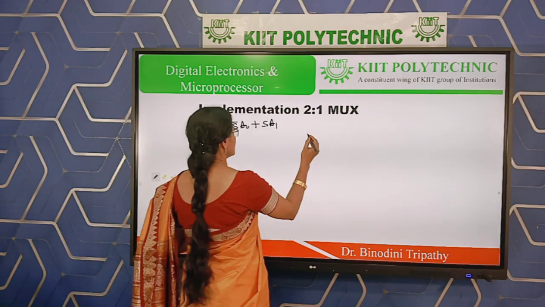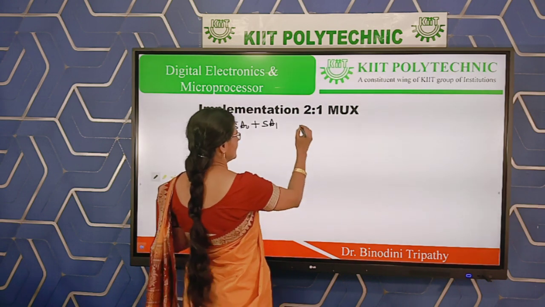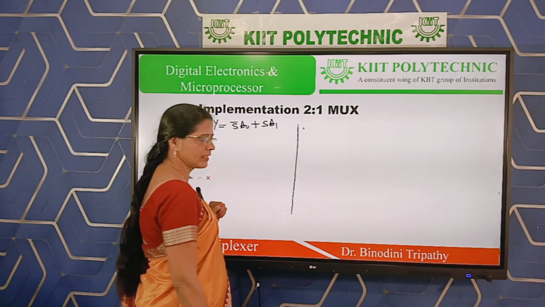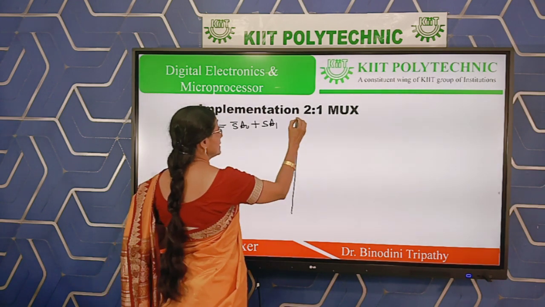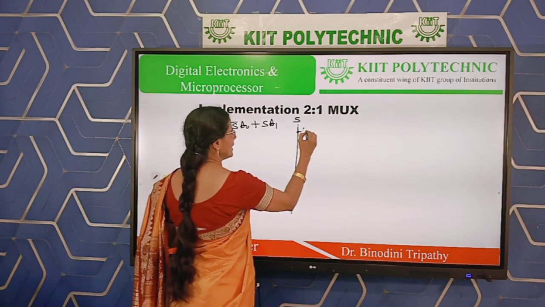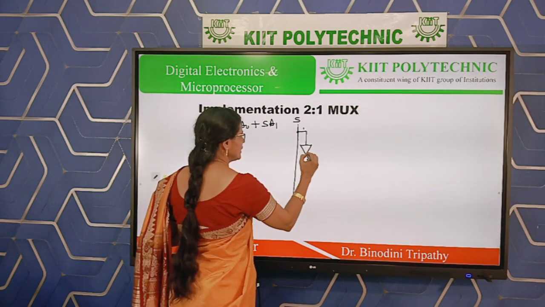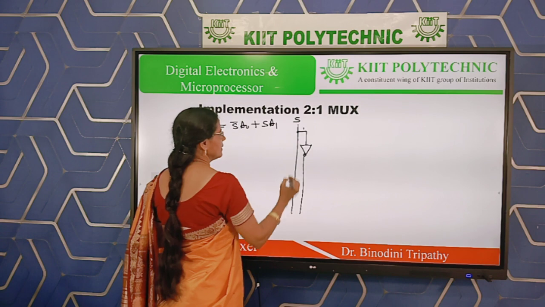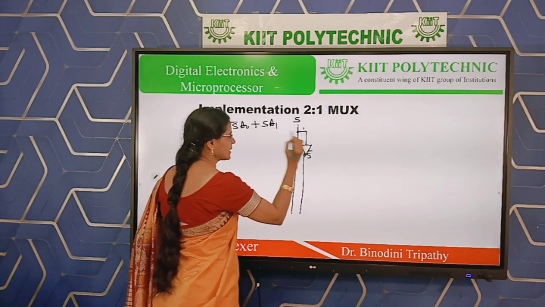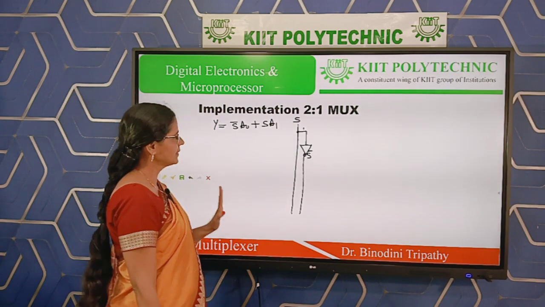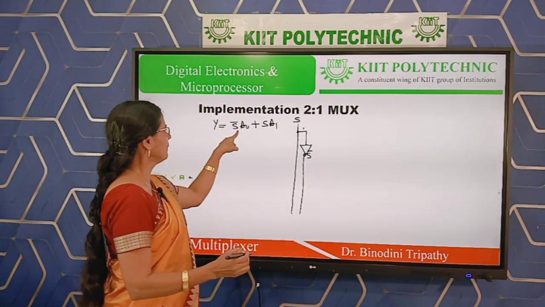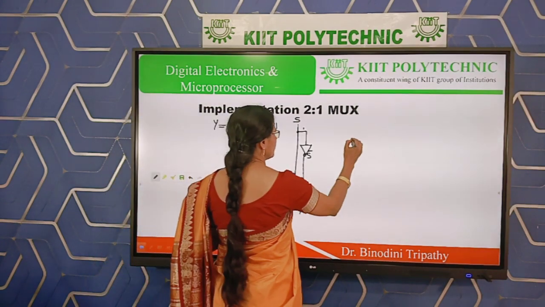No, this is the process by which you can easily draw it. Let this be your S. The entire line carries S, and on another line use a NOT gate, so that line carries S complement. Then for S complement A0, take one AND gate.